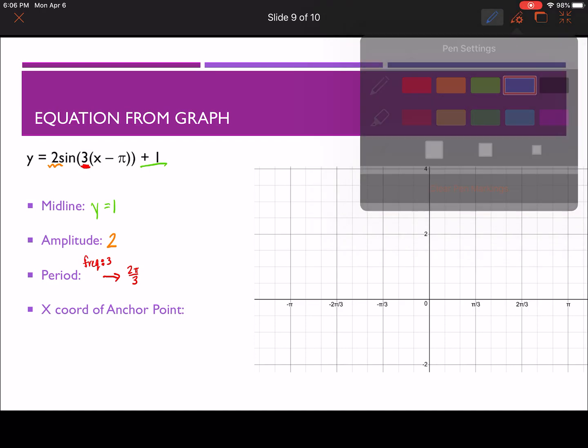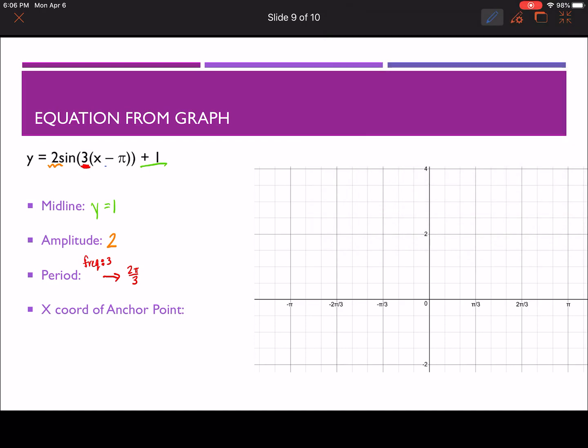And because I'm dealing with a sine function, the x-coordinate of my anchor point has been shifted in some way, so now it's going to exist here at pi. I'm not writing the whole anchor point. It exists at pi.